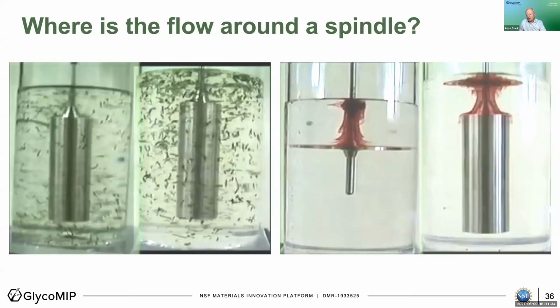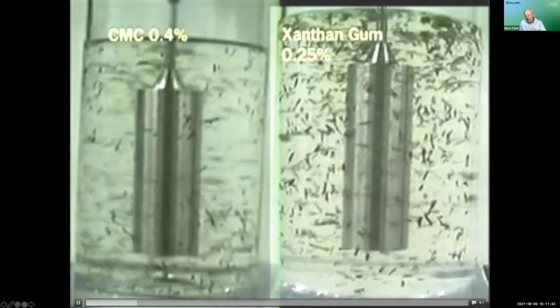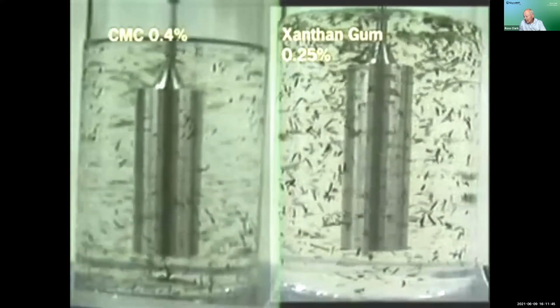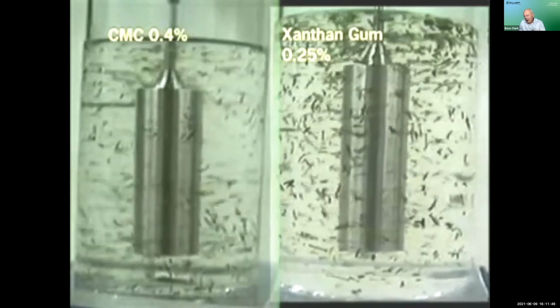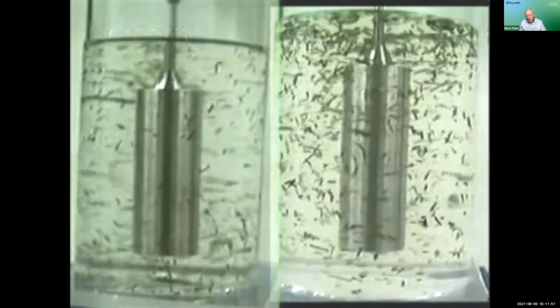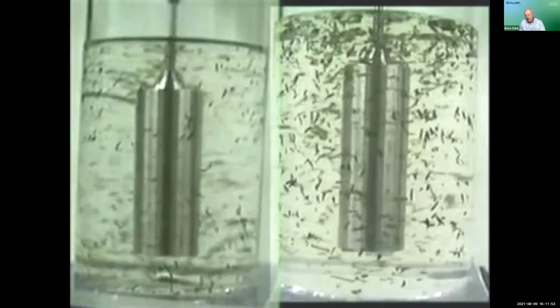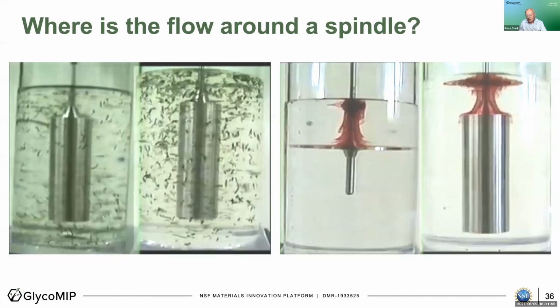I'm getting that sort of laminar flow that we need in order to accurately measure viscosity. And let's take a look at that xanthan one again. Wow, it's really only flowing next to the spindle, isn't it? So obviously these can't be the same shear rate. Not all the volume of fluid there is seeing the same rate of shear.